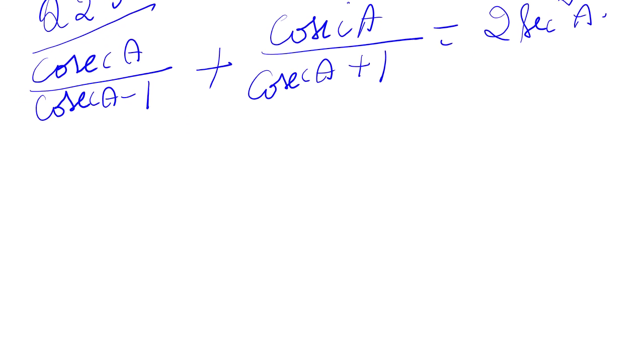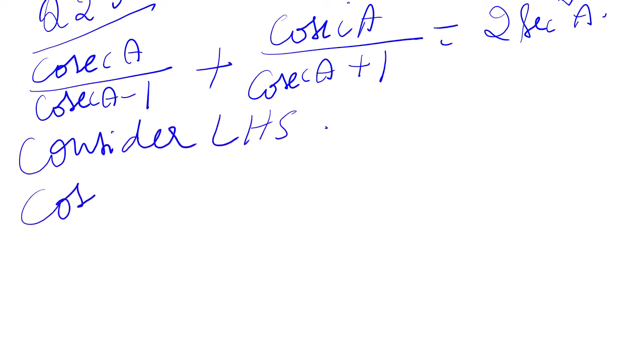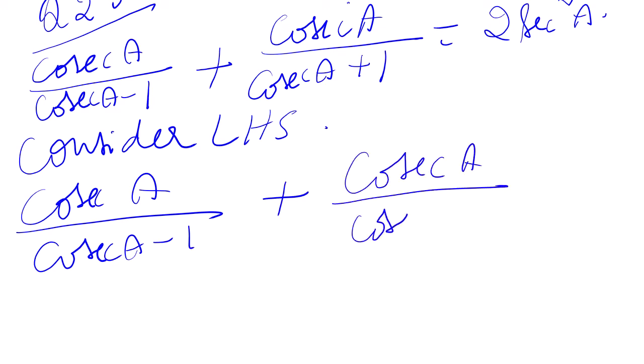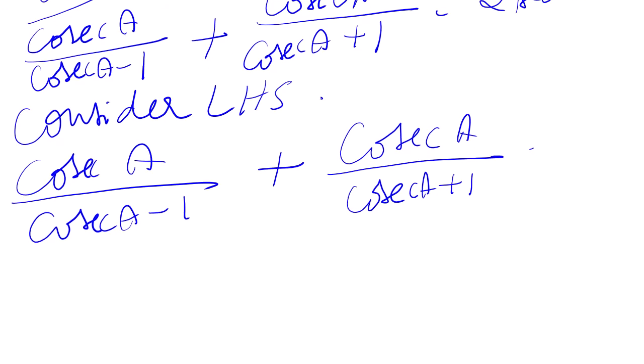So again consider LHS, that is cosec A upon cosec A minus 1 plus cosec A upon cosec A plus 1.